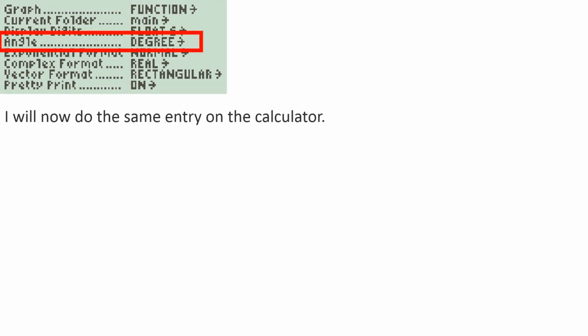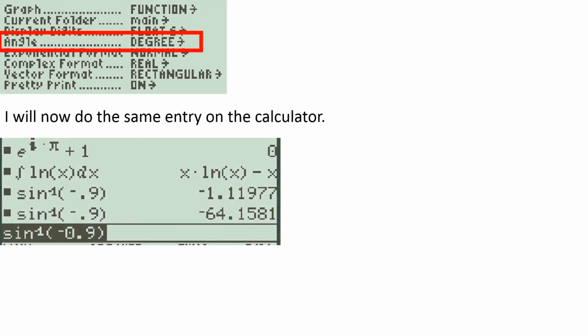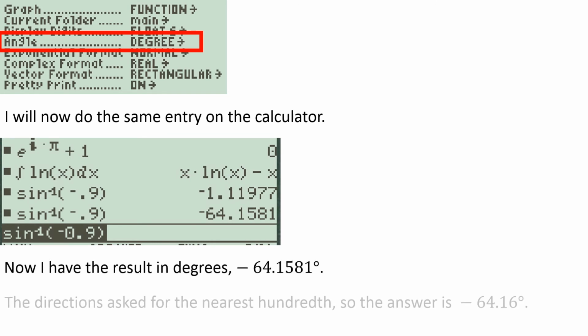Okay, so I've switched my calculator to degrees. Now notice I can do the same entry, inverse sine of negative 0.9, but now I've got a correct answer in degrees, about negative 64 degrees. Directions asked for the nearest hundredth, so I'll get around the 2 decimal places.